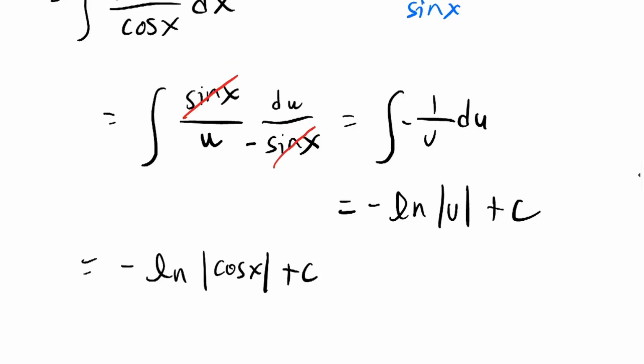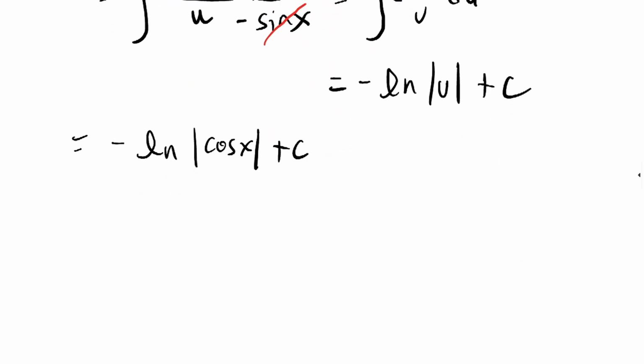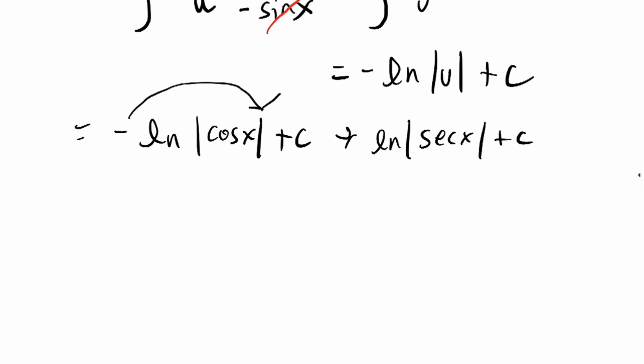Now, this is a very classic U-sub problem, tangent x, and often the result might be written as the ln of secant x plus c. The only reason is because, if you remember from algebra 2 or pre-calculus, the constant here, because of the properties of logs, can be moved up there.